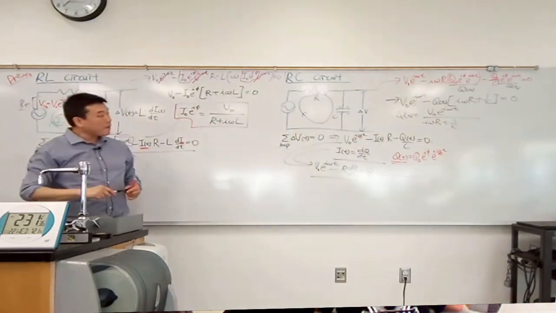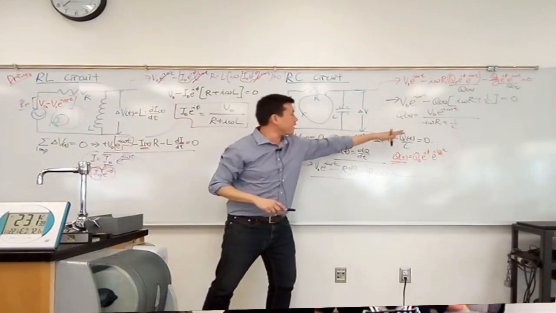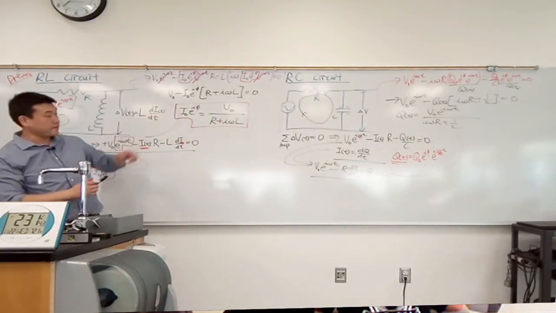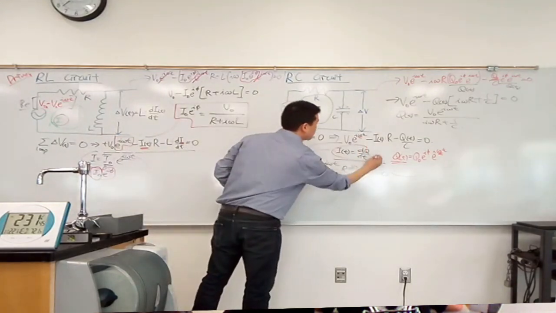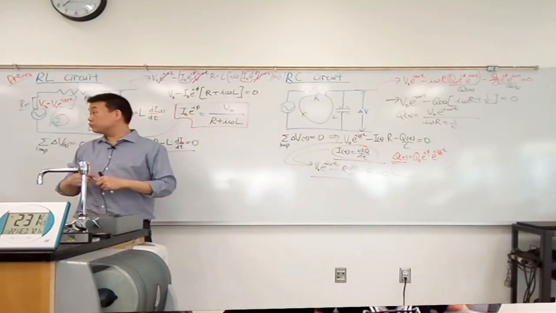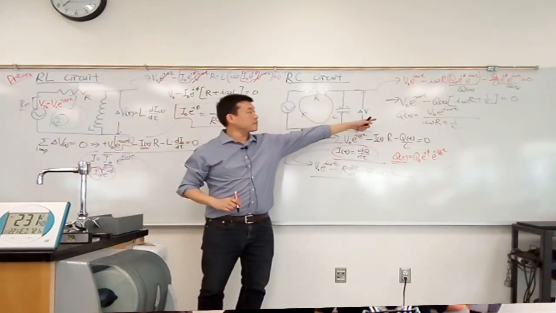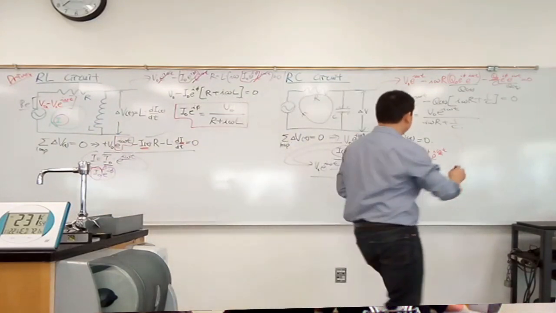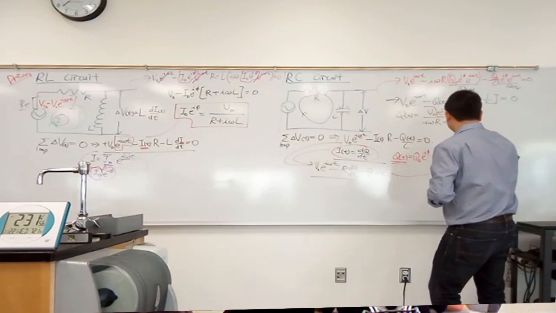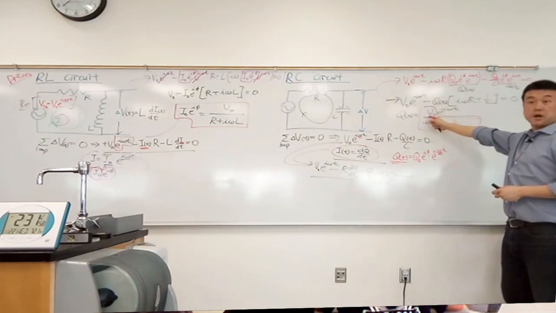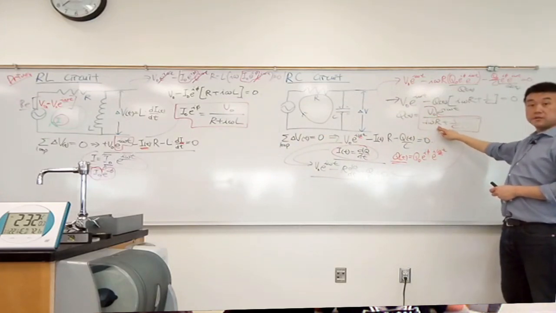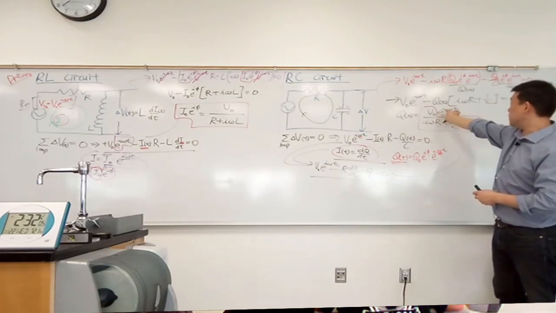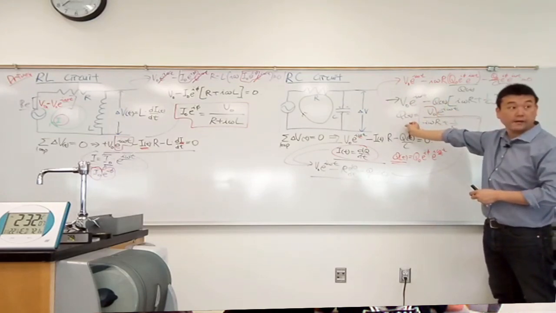To compare the result here, I need to take one more step because I'm trying to compare to the current. So I need to use this expression to take one more derivative with respect to time. All of this is constant: V naught is constant, i omega R is constant, 1 over C is constant. So the time derivative will simply bring down a factor of i omega.